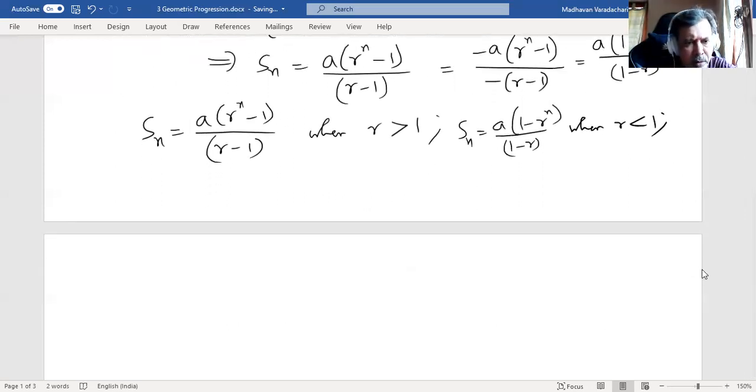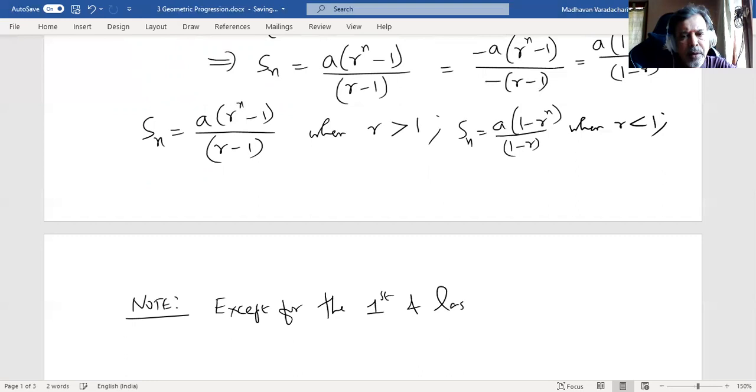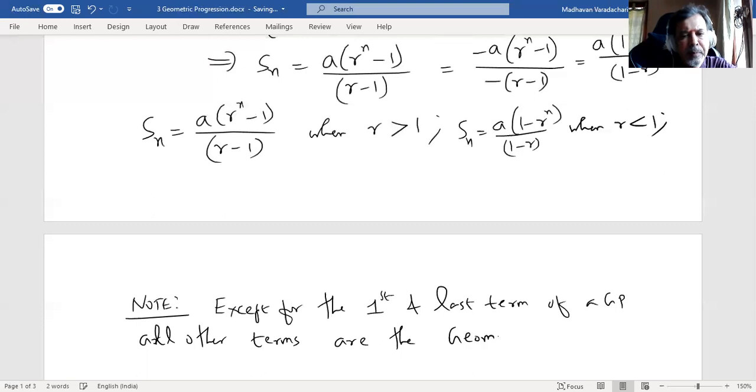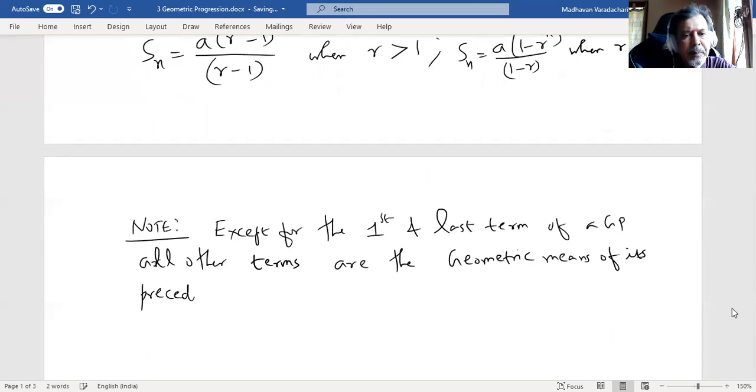Then one more note we can make. Except for the first and last term of a GP, all other terms are the geometric means of their preceding and succeeding terms.